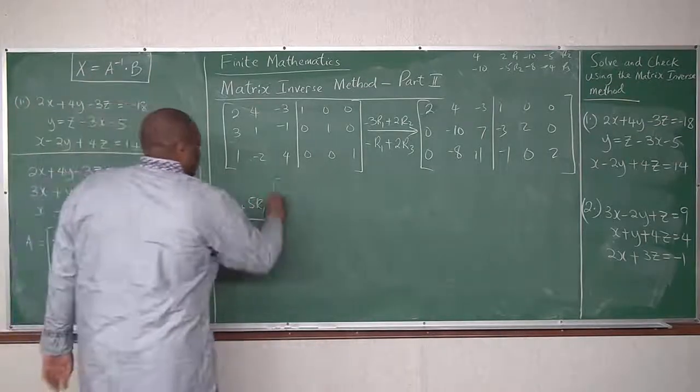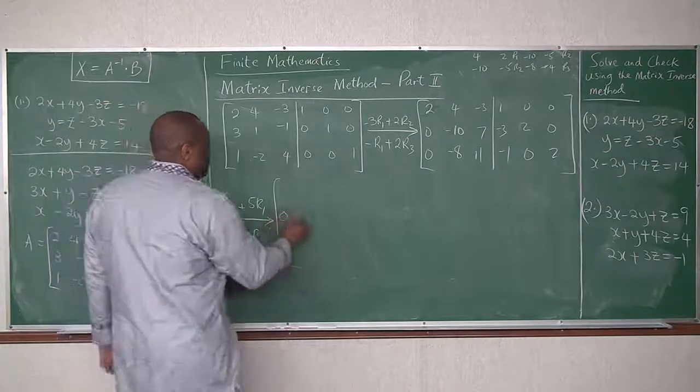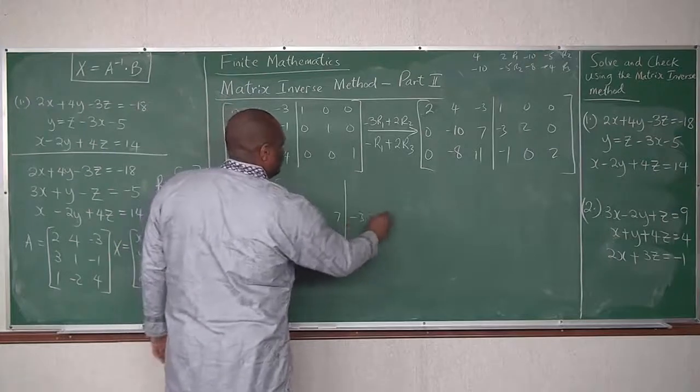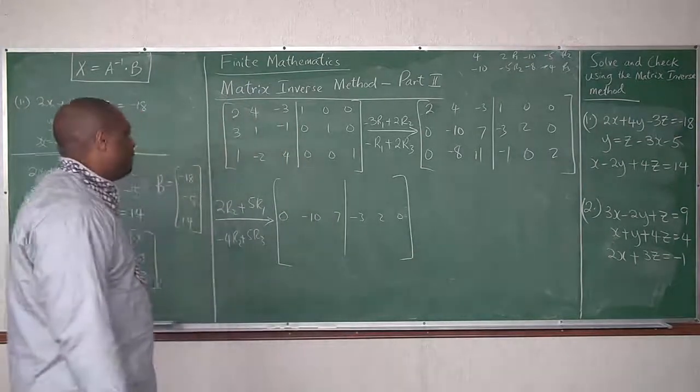Okay. So what we have now, R2 is unchanged. So this is 0 minus 10 7 minus 3 2 0. Okay.